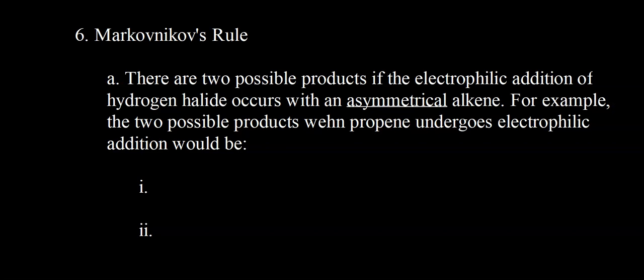Now, there are 2 products that are possible for this reaction. So again, be careful if you have an asymmetrical alkene undergoing an addition reaction, especially addition of either water or a hydrogen halide. 2 possible products, I'm going to show those on the next slide here. So letter I in your notes.